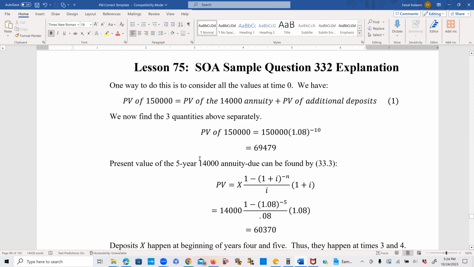And then the present value of the 5-year annuity due, where each payment was 14,000, can be found by the basic annuity due formula. So payment is 14,000, interest rate is 8%, so we get 60,370. And now we have those additional deposits of X at the beginning of years 4 and 5.